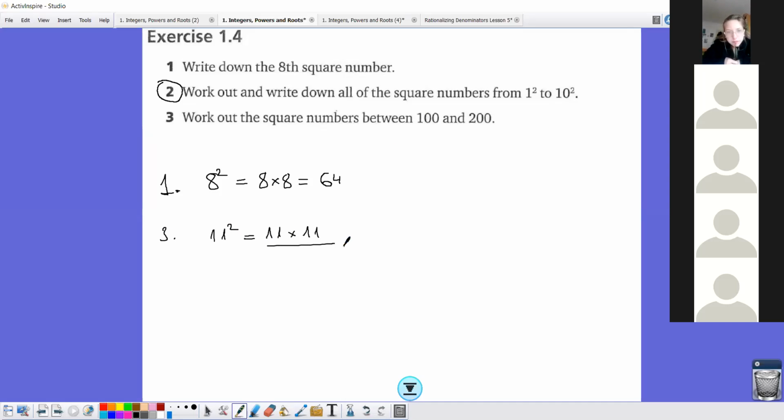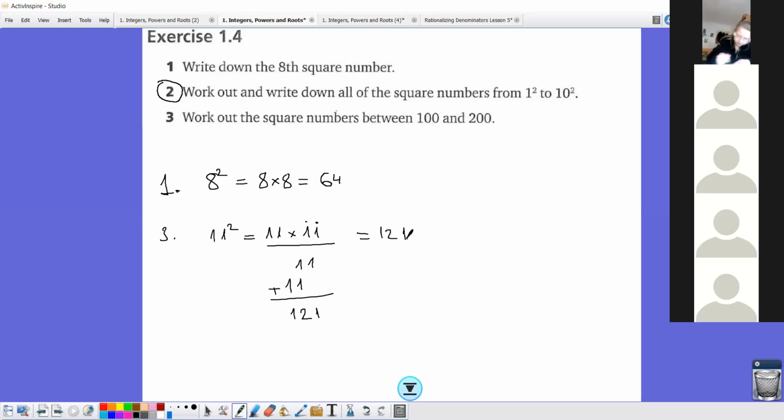Firstly, multiply by 1: 1 times 1 is 1. Then 1 times 1 is 1 again. Then I'm multiplying with the other one, 1 again. Then we are adding: 1, 2, 1. So 11 squared will be 121.